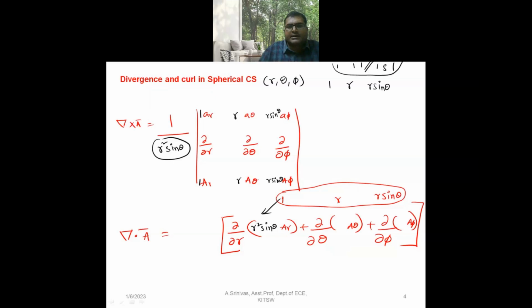For 1 it is r square sine theta, for r it is r sine theta, and for r sine theta it is r. And once again you can write the product component in the denominator, that is 1 by r square sine theta. In many textbooks you will get the simplified equation of the divergence, but it is not possible to remember that equation. You can follow this trick to remember.